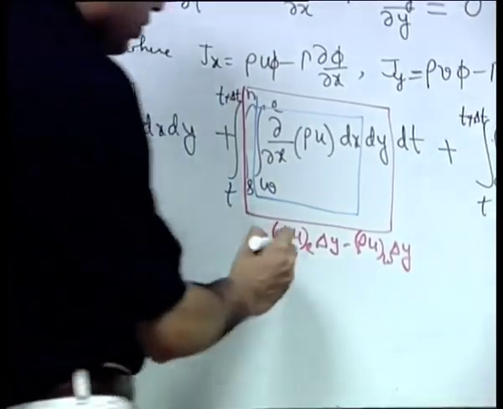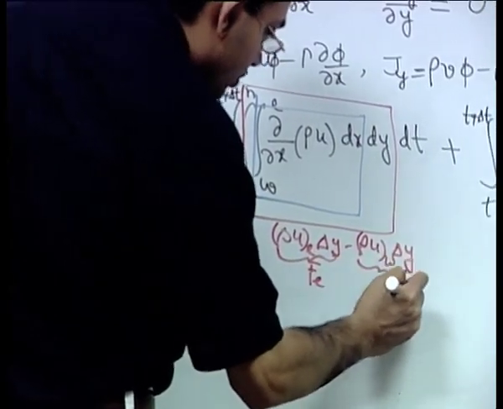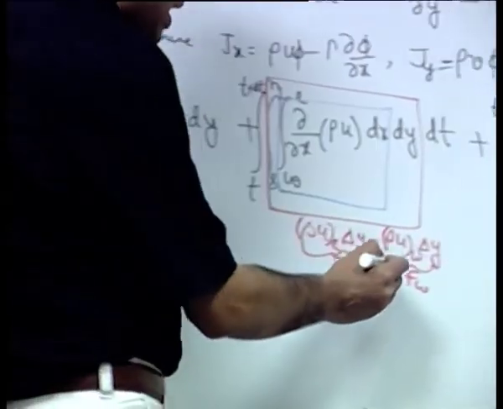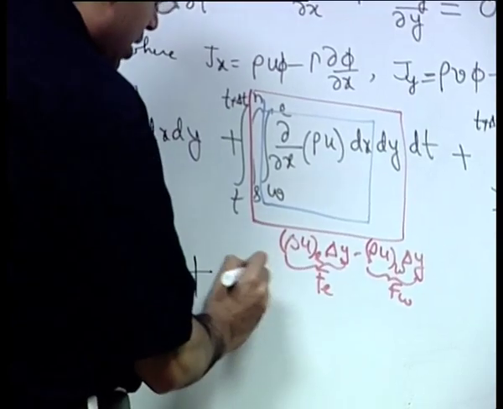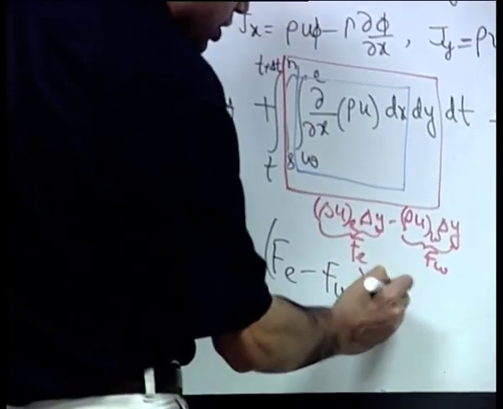So this we give a name Fe and this we give a name Fw. So this plus Fe minus Fw into delta t.